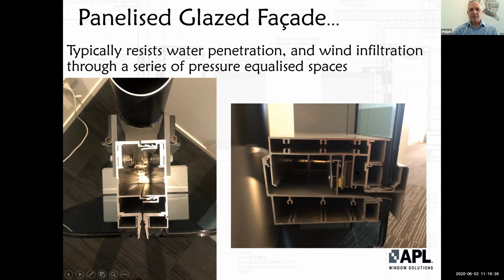In here is a pressure equalized space. In the background, you can see a vertical mullion section, and that vertical mullion runs down to the bottom of this section here. So any water that gets in behind the glass at this point enters a pressure equalized space here and then drains out through here, for a split transom. Equally, in a vertical mullion situation, because it's a male-female connection, this is effectively one side of a panel, and this is the other side of a different panel, but they come together and meet in the middle here.